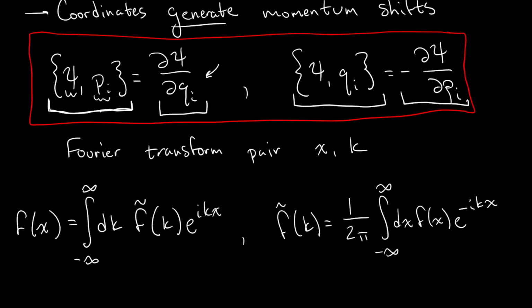And same thing over here. I have my function, I have a coordinate, and it gives me a derivative. Notice that in each of these, the derivatives that I get are opposites, and it comes with a relative minus sign.